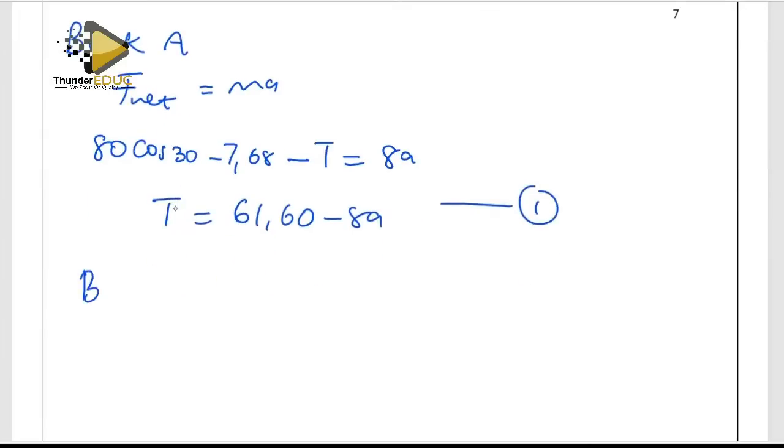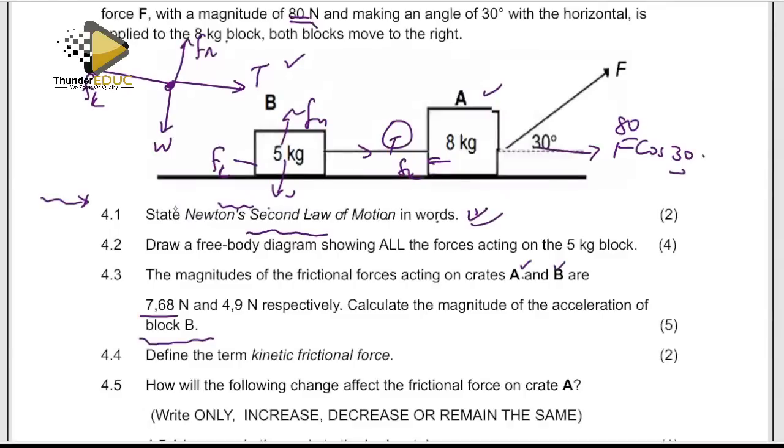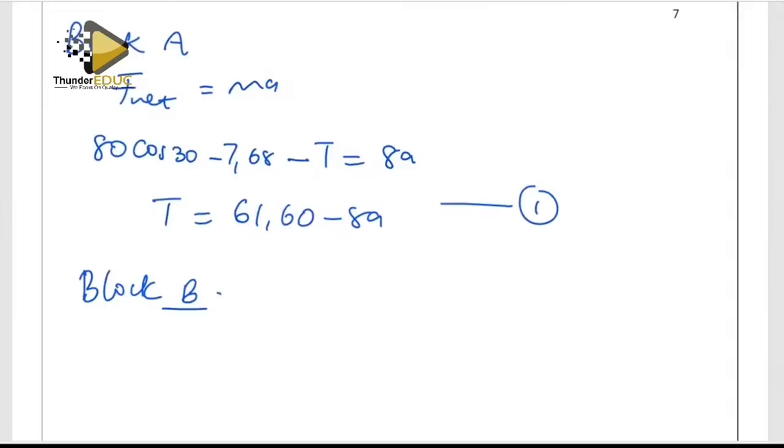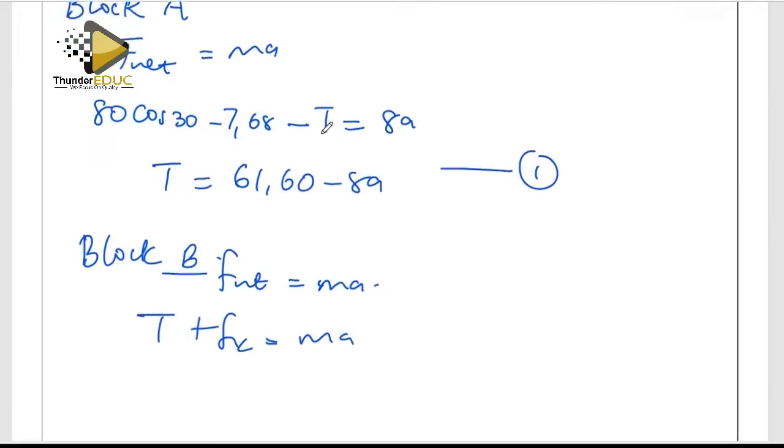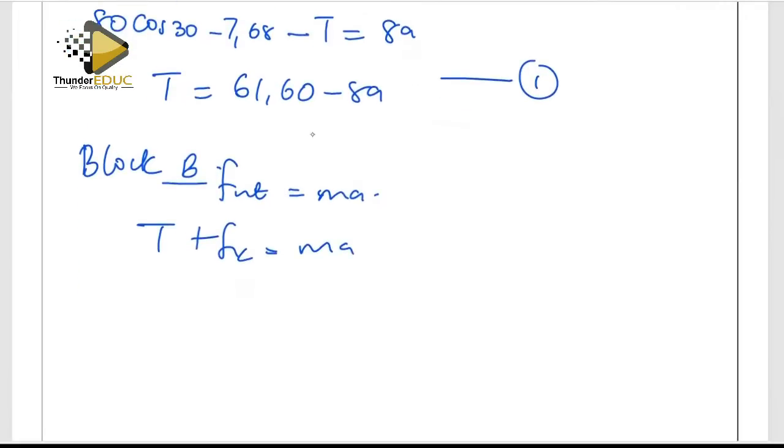Then let's look at the block B. Block B, if the direction is to the right, then it's going to be the tension minus the frictional force, just those two. I'll still say that F net should be equal to ma. So the tension minus the frictional force should give us the mass and the acceleration. It's fine, let me just make T the subject also.